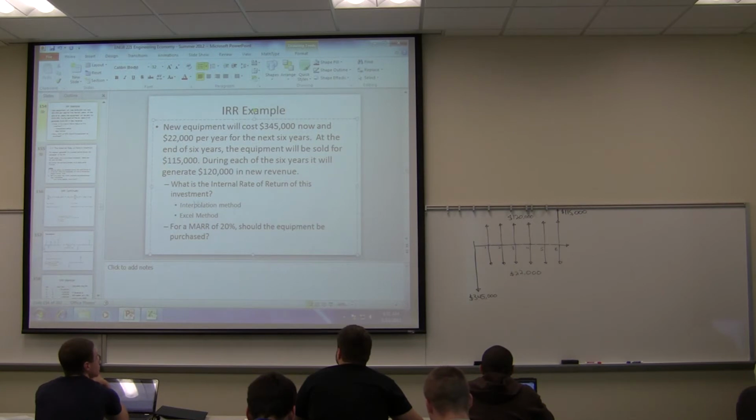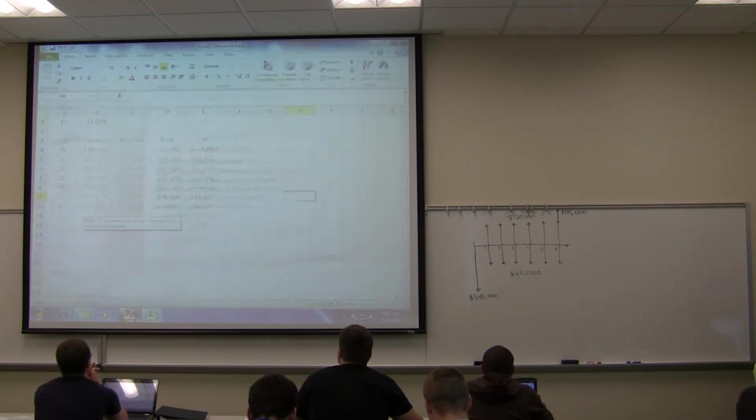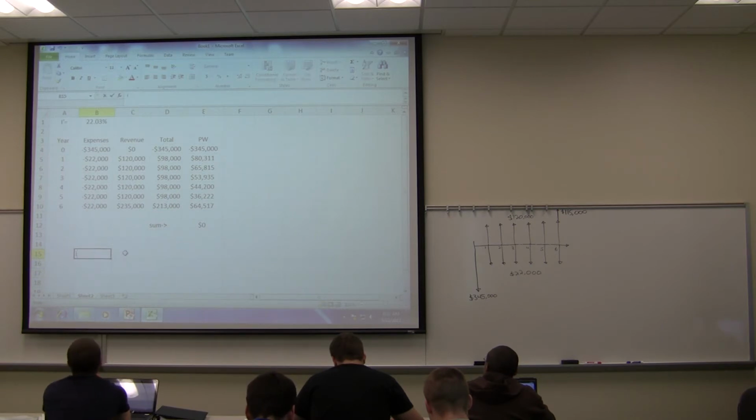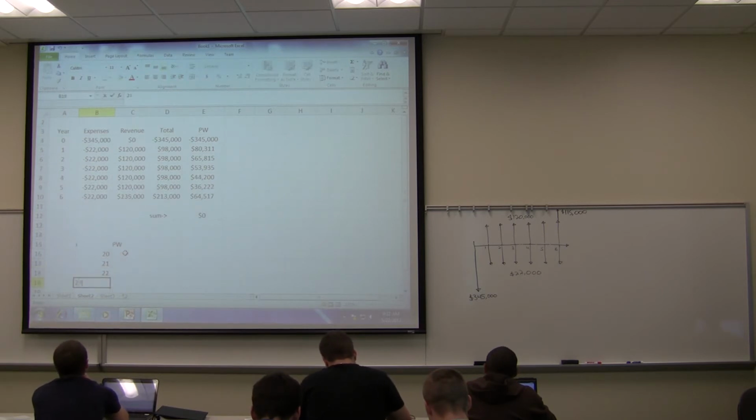So that is with the what-if analysis. Now, what about the interpolation method? By the interpolation method, what we mean is, let's say, what is the interest rate, and then what is the present worth of the project. So if it is 20, 21, 22, 23, and 24, just as an example.